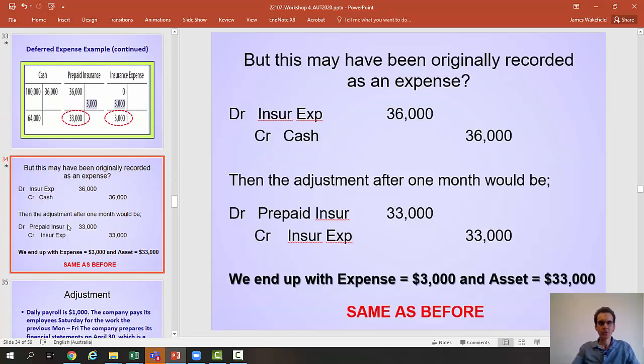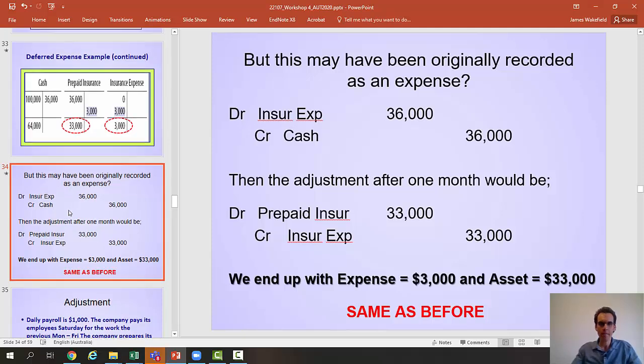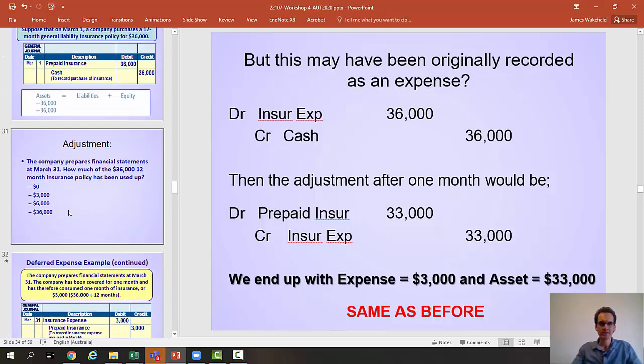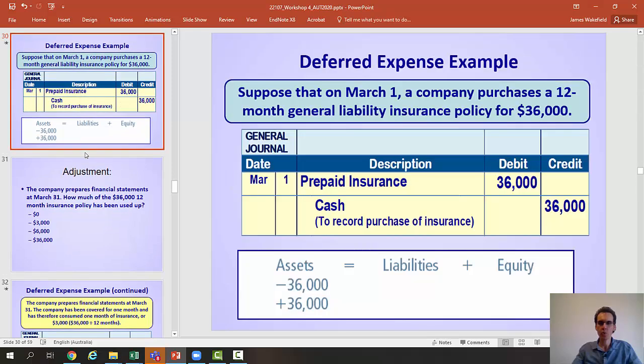Now, remember the situation I mentioned before. How we record the adjusting entry relates to how the original transaction was originally recorded. So what was originally recorded, if I go back a few slides here, was that when we acquired the prepaid insurance, we credited cash, obviously, and we debited the prepaid insurance account to recognize that asset.